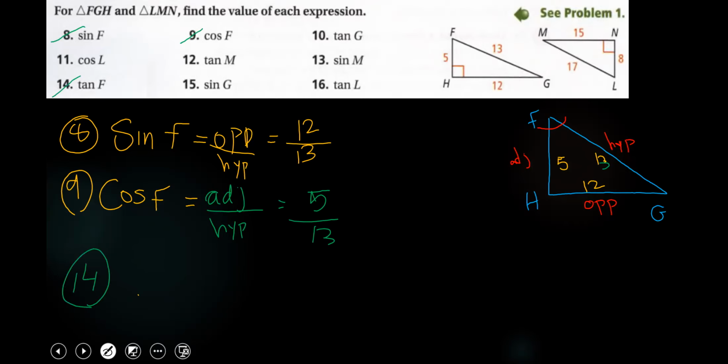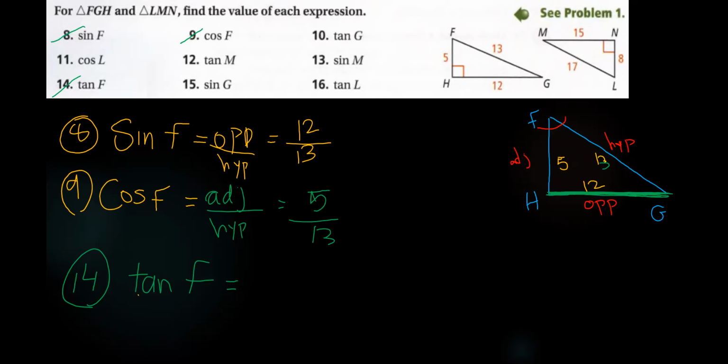Teacher, I didn't understand this one. Why did they write F, and how do you know the sine? They said sine F, so the opposite of F is angle H or G? No, I'm not talking about angle, I'm talking about side. Okay, teacher.